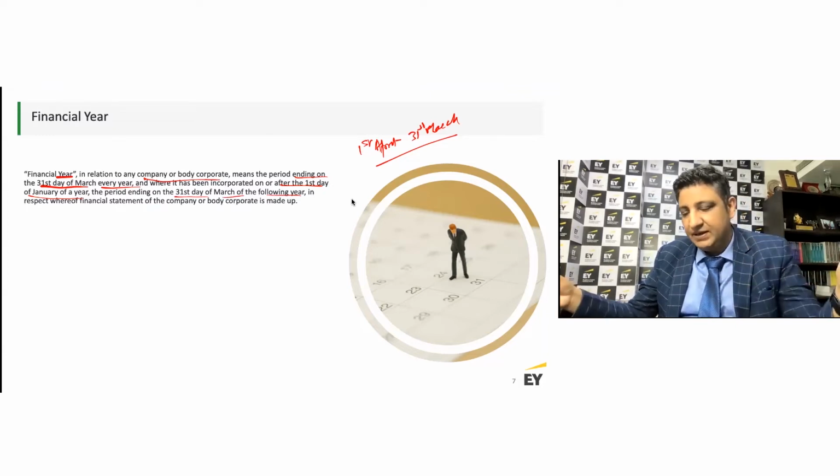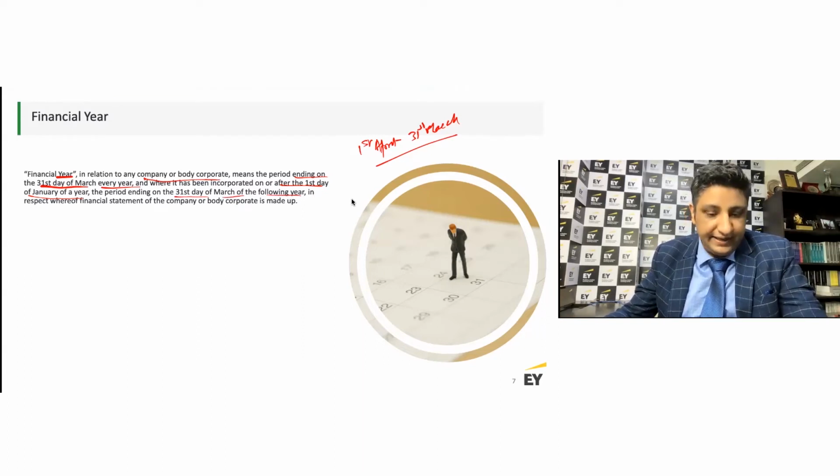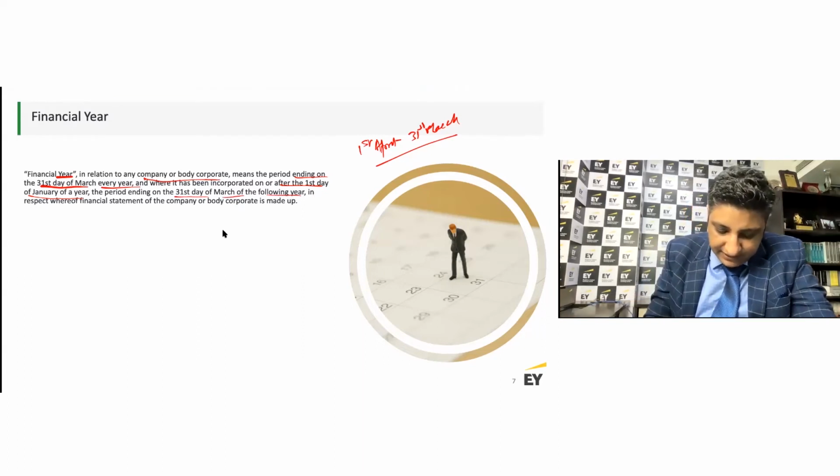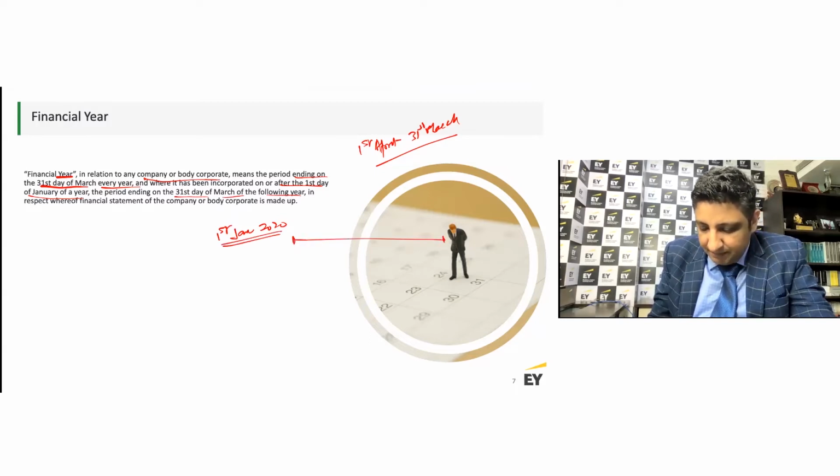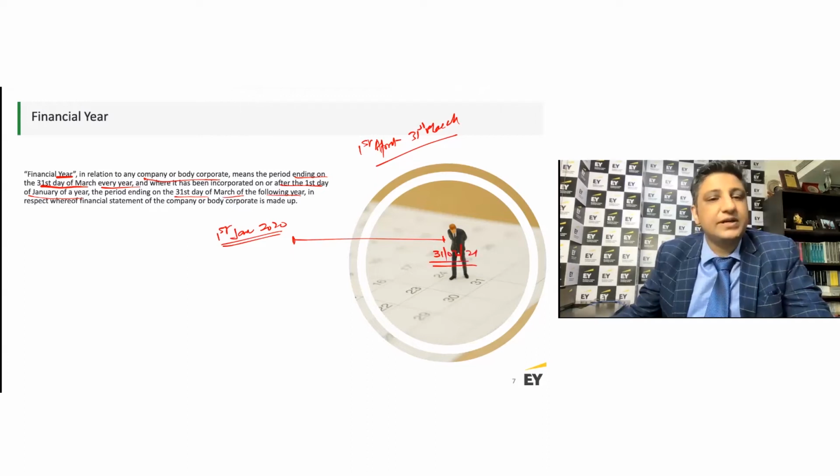So in a way, it becomes a longer period for companies incorporated on 1st of January or later. Effectively, if you are incorporating on 1st of January, let's say 2020, then for the purposes of becoming compliant, your financial year shall be considered up to the end of 31st of March 21.